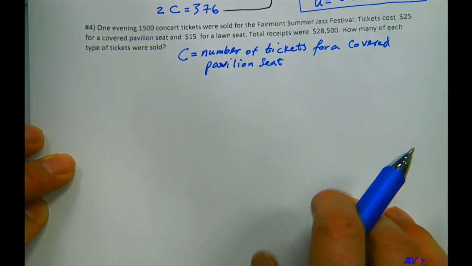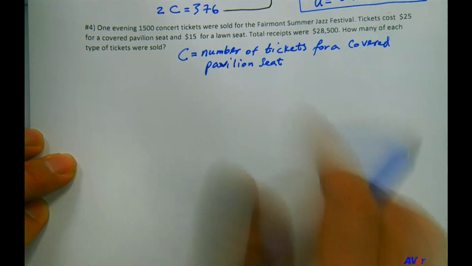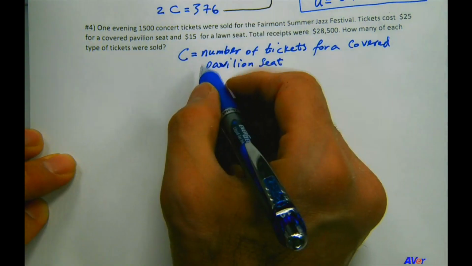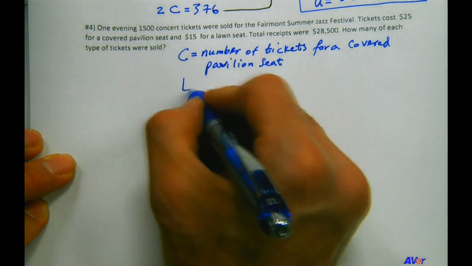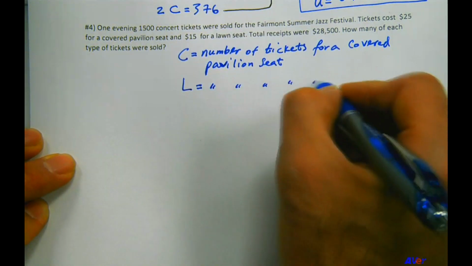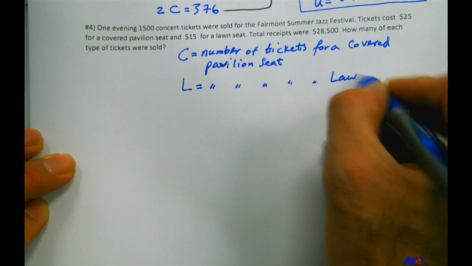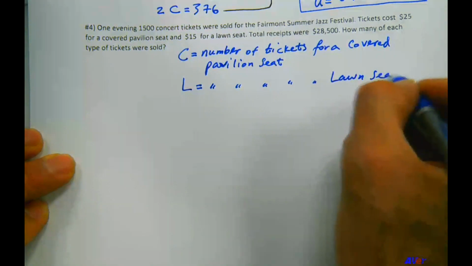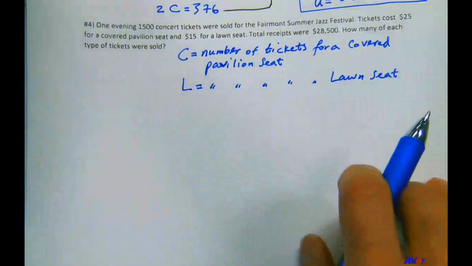Then let's say for the lawn seat, L represents the number of tickets for a lawn seat.